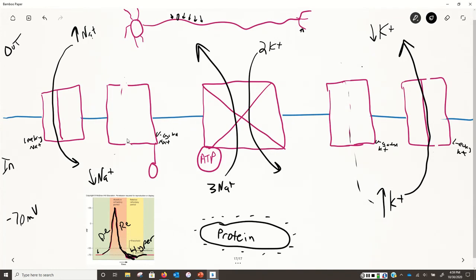If he never opened, we would never get depolarization. We would never get repolarization. We would never get hyperpolarization. So it's the voltage-gated sodium channel that made the action potential happen in the first place. He was the first player to go. If we take him offline with a local anesthetic, then we don't get an action potential.